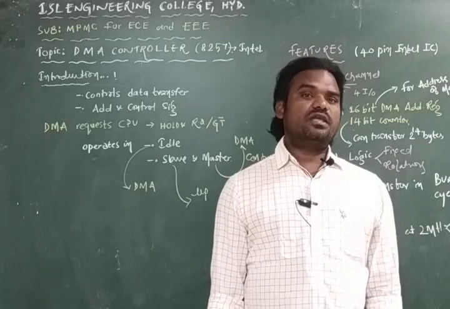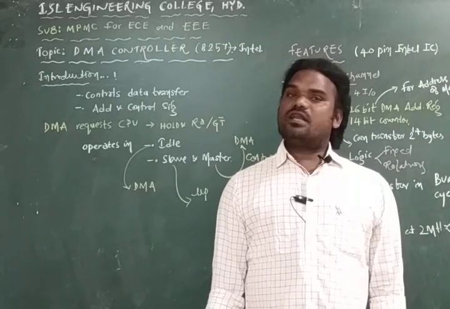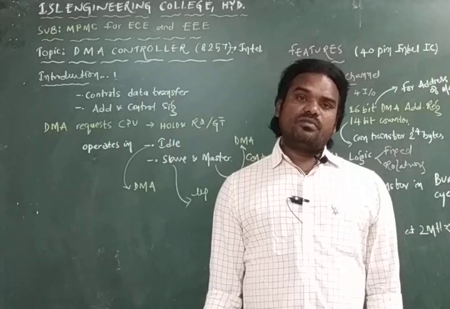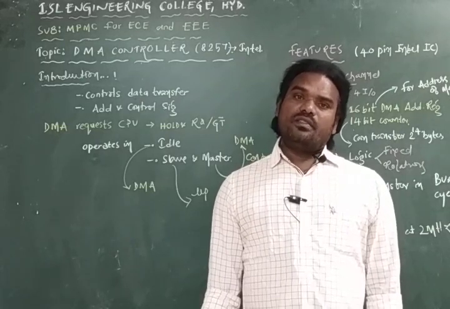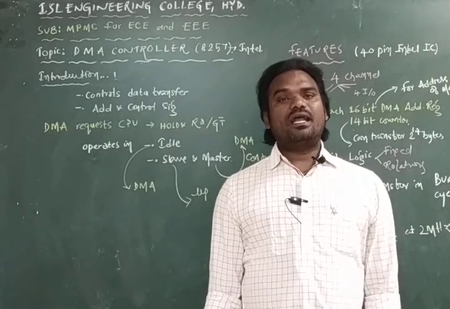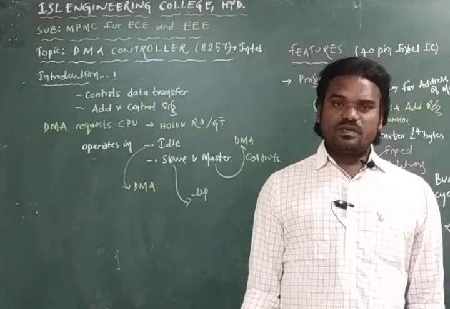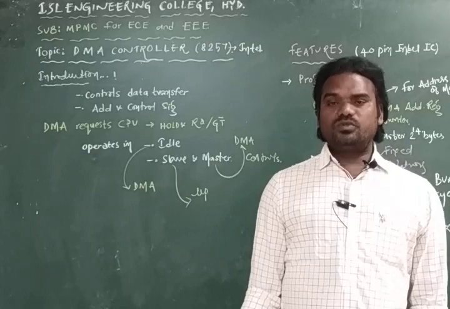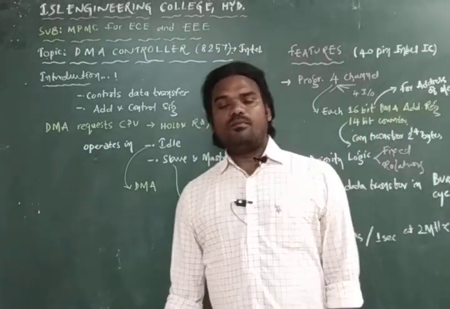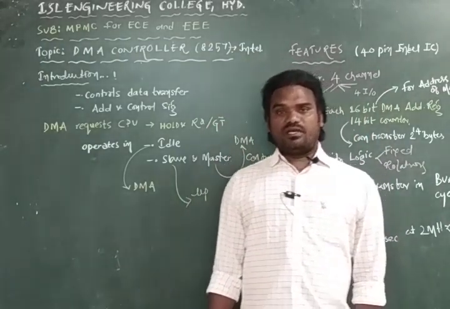The processor identifies the address location in the memory, reads the data from that location, and gives that data to the input-output device. This much time is taken for the input-output device to get the data from the memory.